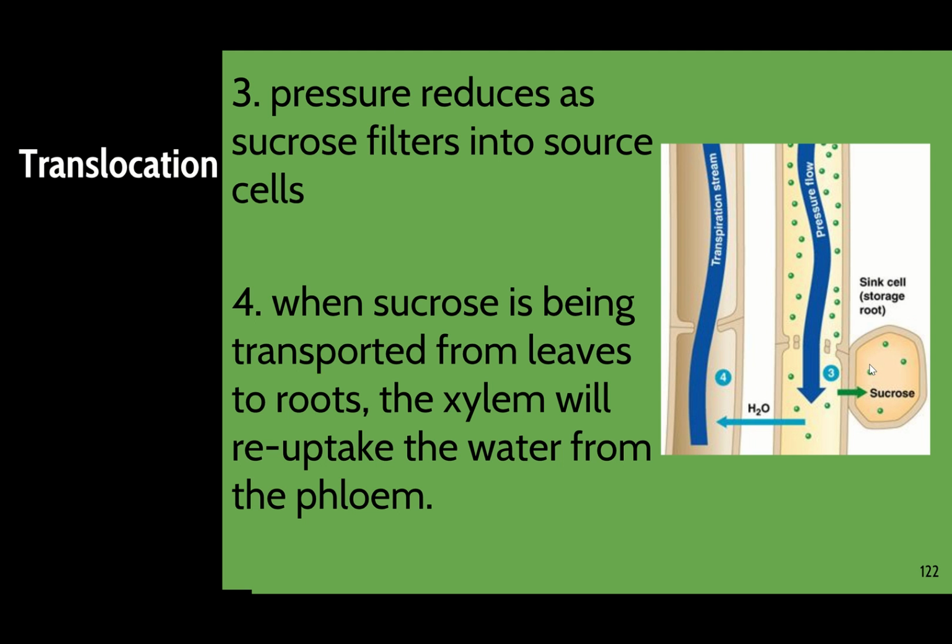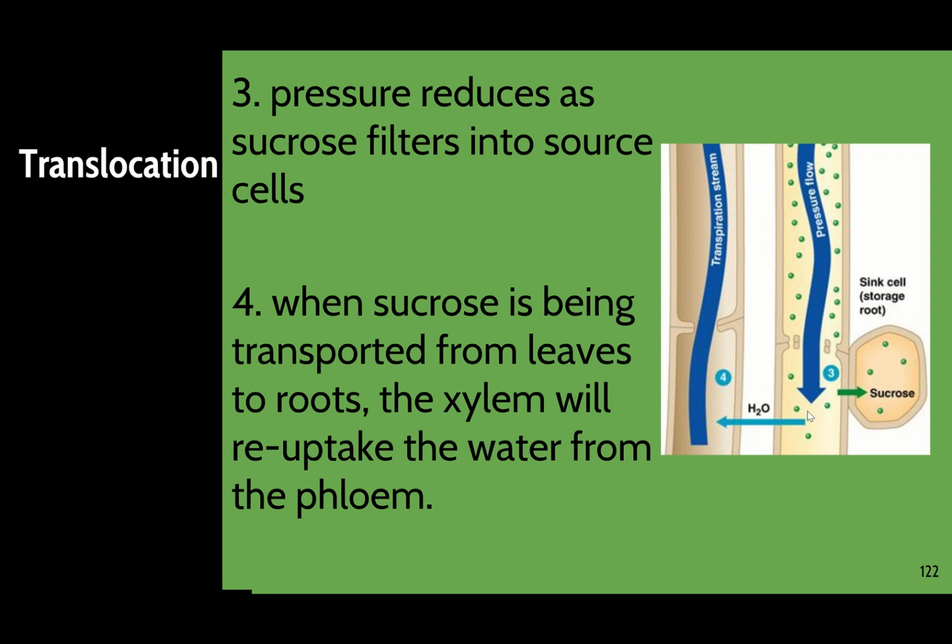So in this case, the source up here, the mesophyll cell, is transporting sucrose into the root cell. This transport of sucrose from the leaves to the roots is going to then decrease the amount of solutes, and so you're increasing the solute potential of this phloem cell. The increase in solute potential is going to increase the water potential.